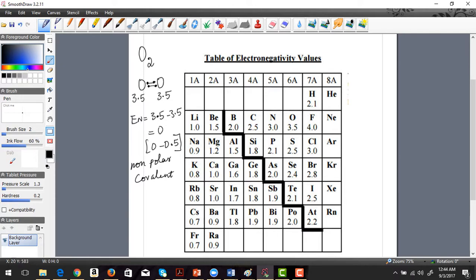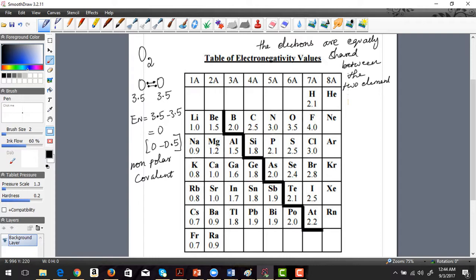When a compound is purely non-polar covalent, what it means is the electrons are equally shared. Okay, the electrons are equally shared between the 2 elements. It doesn't matter what those elements are.